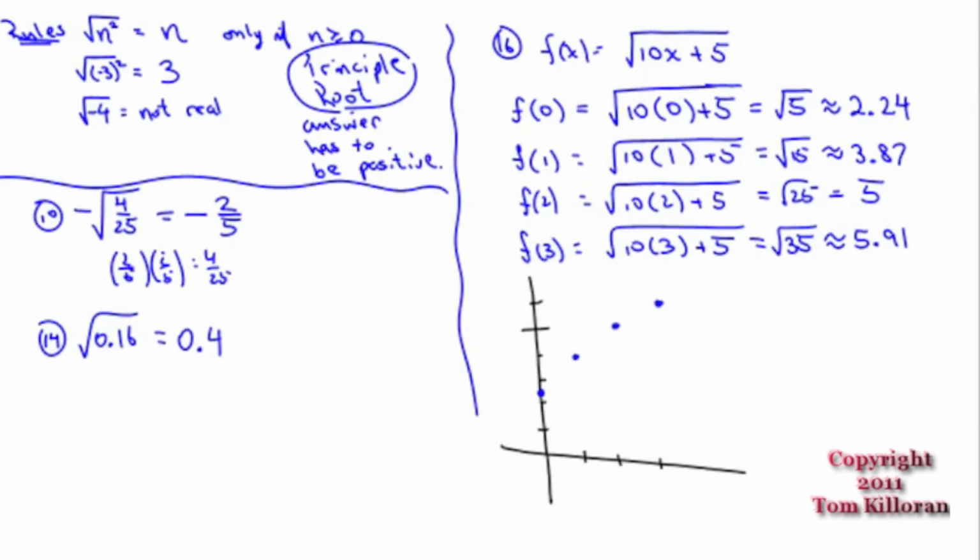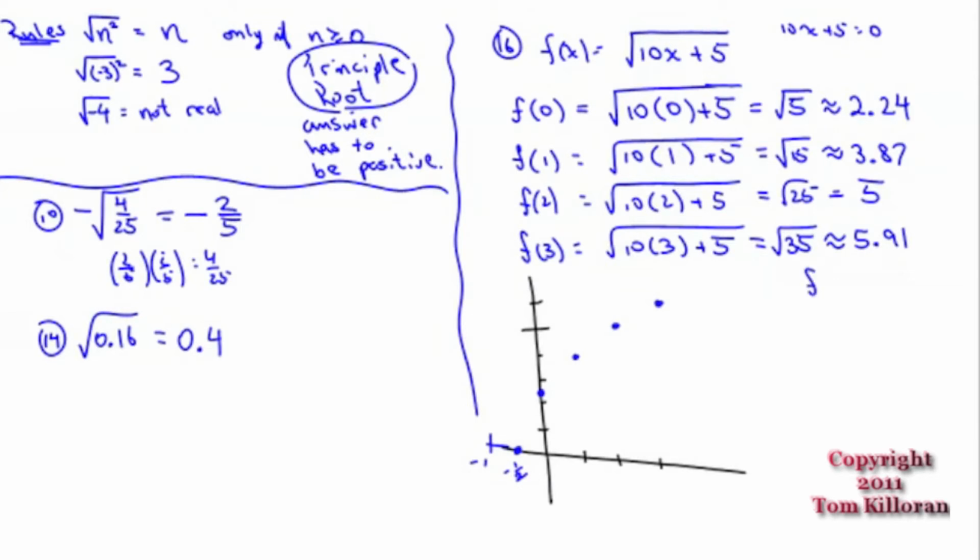If you have 10x, you want to know when this is equal to 0, so set it equal to 0. When's 10x plus 5 equal to 0? Negative 1/2. So if we come back over here, and this is negative 1, then the graph is starting here, at negative 1/2. At negative 1/2, you get 0.